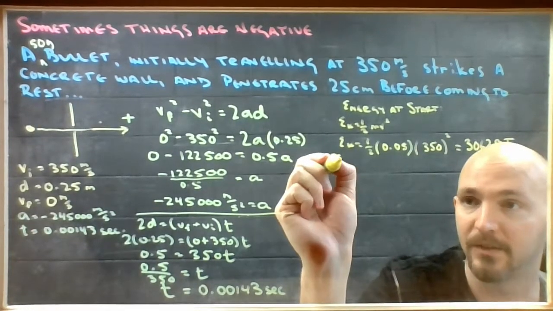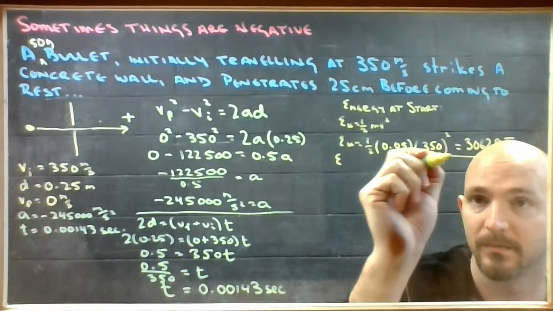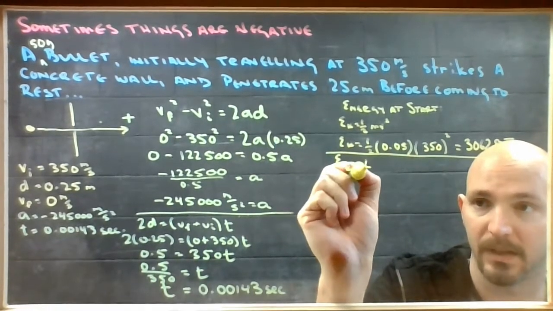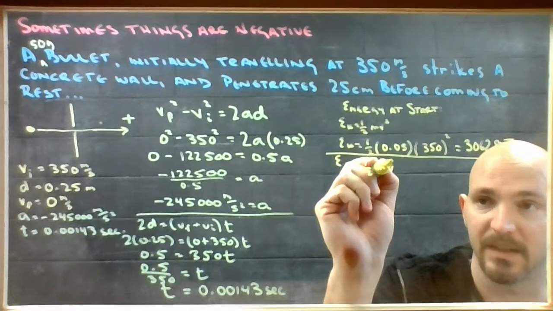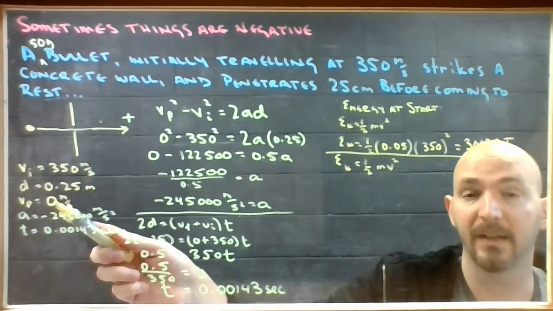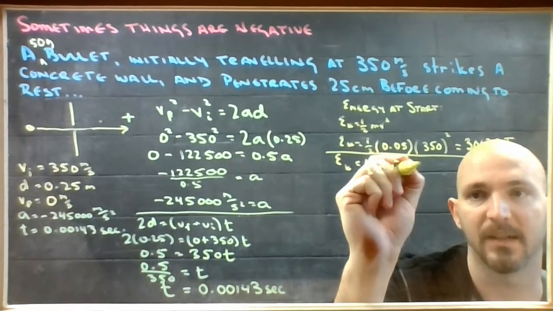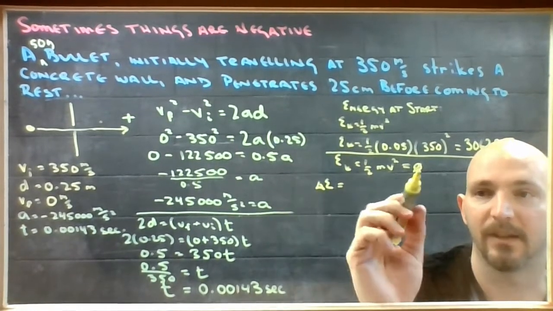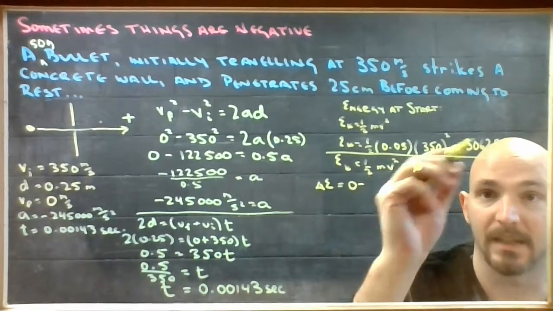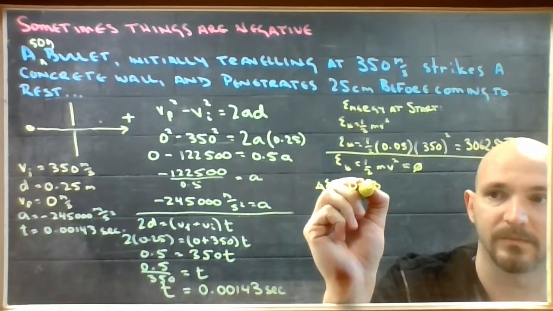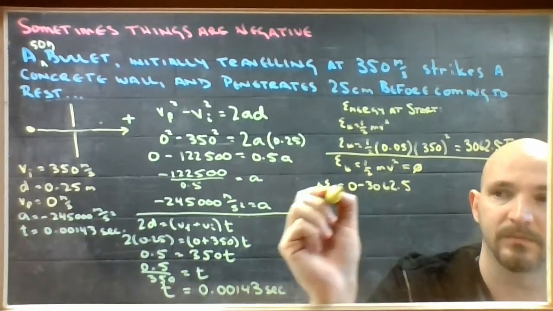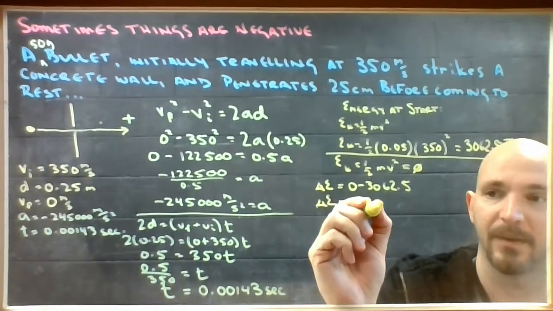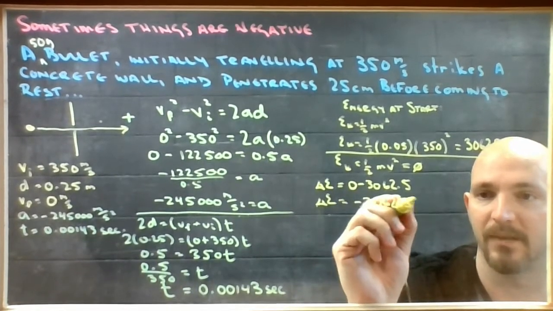Okay, the energy at the end, EK is 1/2 mv squared, but our final speed is 0, so that's going to end up being 0, which makes our change in energy the energy at the end minus the energy at the start, and I get negative 3062.5 joules.